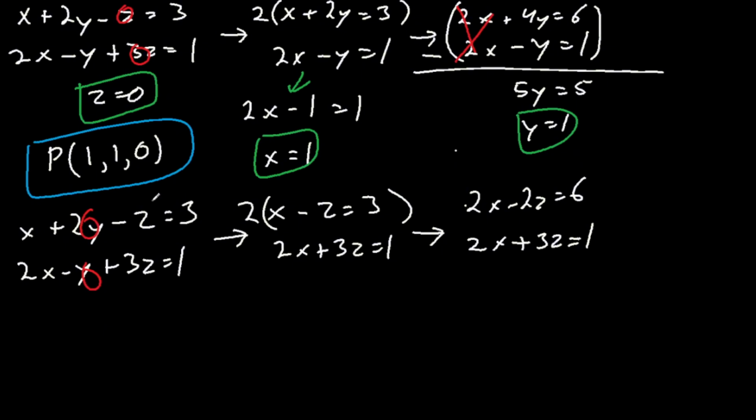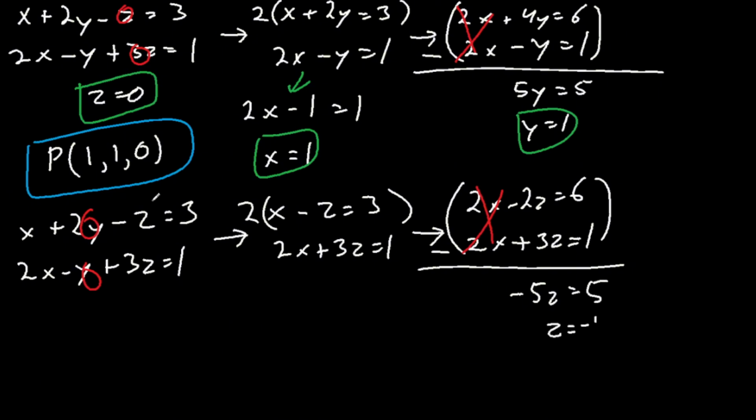Okay, let's go back. If you subtract these two equations, 2x gets eliminated, and you are left with 5z is equal to 5, and z is equal to negative 1.